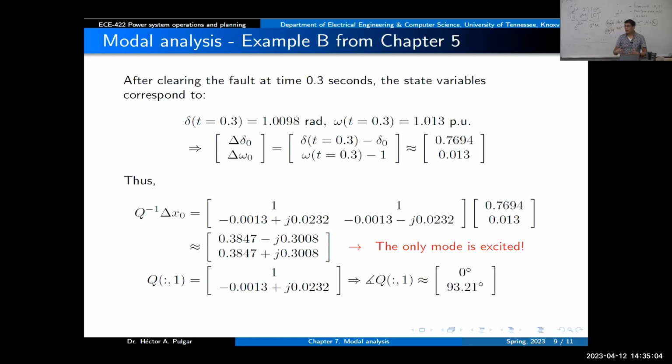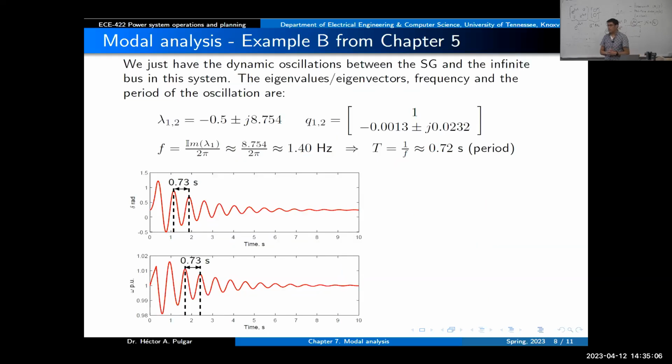If you have a pair of complex conjugate eigenvalues, that's related to just one physical mode of oscillation. In this case, it is the single machine oscillating with the infinite bus.